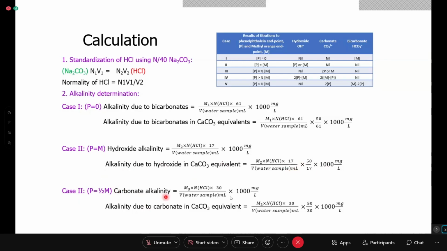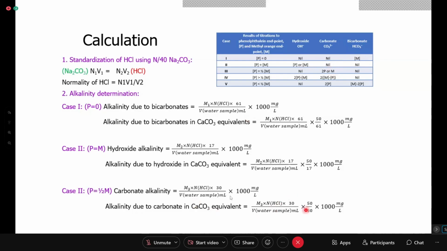Then carbonate alkalinity when P is equal to half M. The equivalent weight for carbonate is 30, and this M3 means what? This part. P is equal to half M. The M here is the volume of HCl corresponding to this particular carbonate alkalinity. So this M and that M are different.